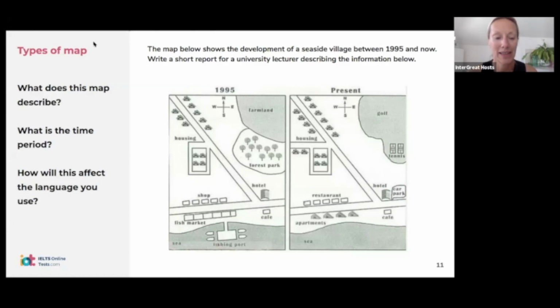How will this affect the language you use? Okay, what tenses should you use for this? You can use the passive, yes, but I'm thinking more about tenses. So, yeah, present, past and present, that's right. So you're connecting the past with the present, so the present perfect and the simple past, that's right.